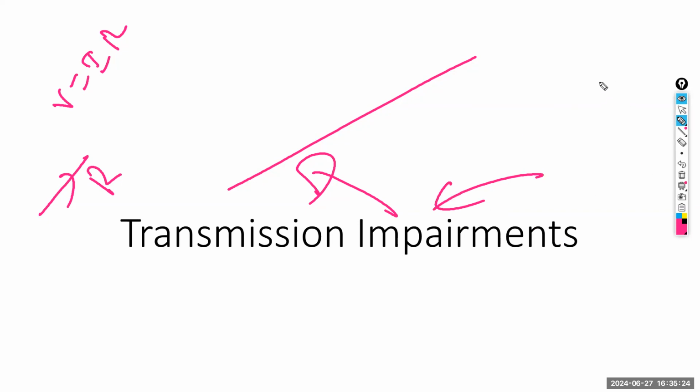Outside agents can also create some impairments. A very good example is if you are watching television using the normal analog outside antenna setup, or sometimes radio, you can see when there's a vehicle going by or a helicopter passing by, all of a sudden you can see some blurs, some distortions, and so on.